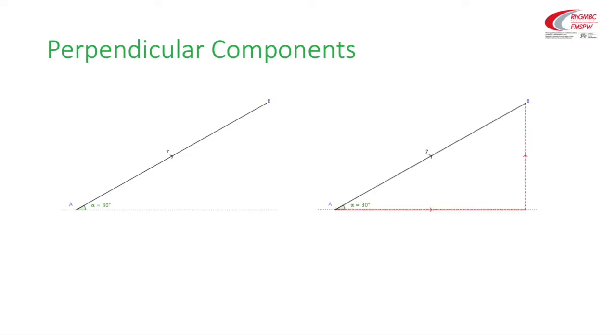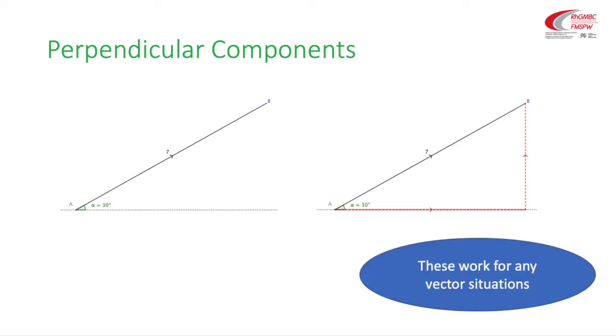So we want to resolve or represent the force as two separate forces, one horizontal, one vertical, as vectors. They add up top to tail, and so the two red vectors add up to give us the black original vector. And remember, this sort of process can work in lots of vector situations, so you might want to resolve a velocity into perpendicular components or an acceleration or whatever.